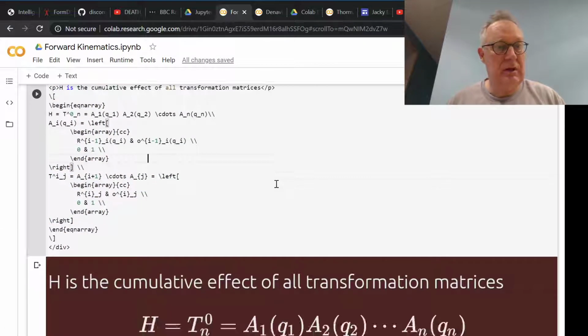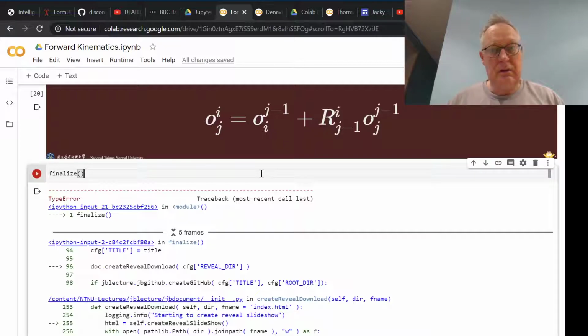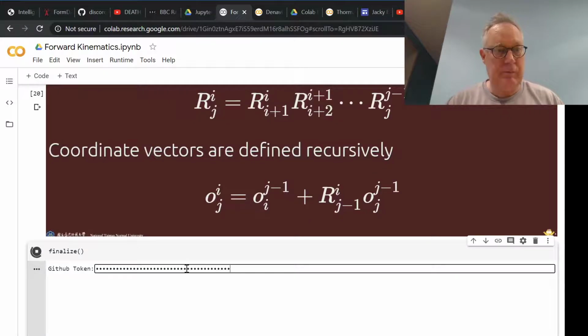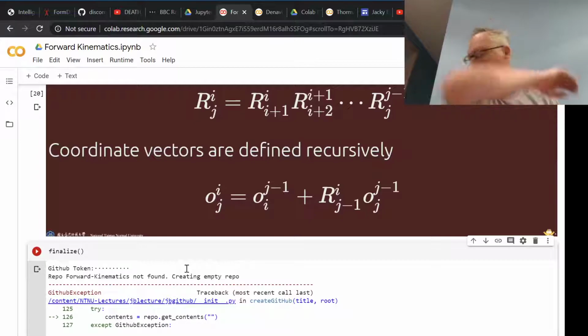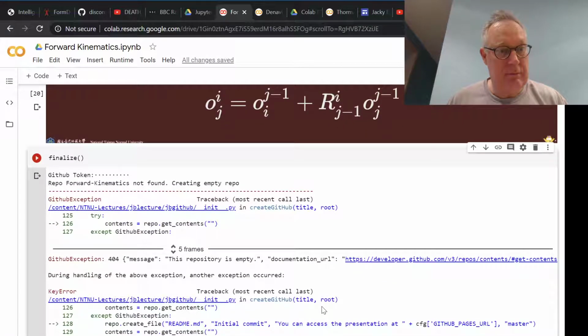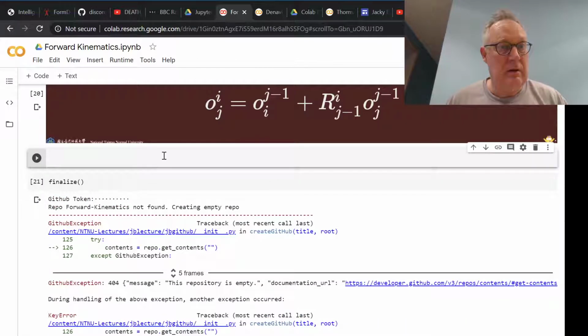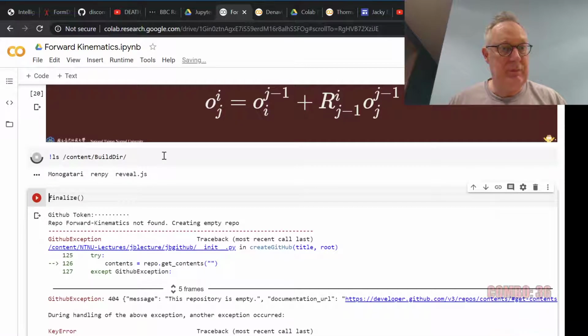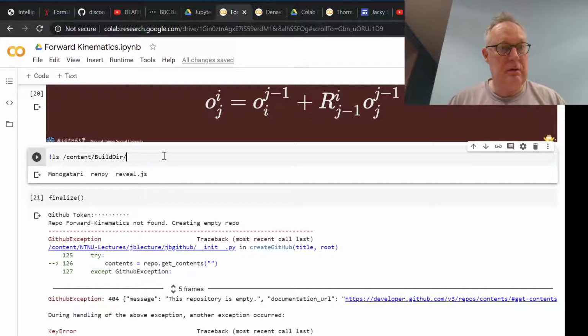So let me see this one here. Did it go all the way to the end now? Yeah. The build hasn't made that one yet.